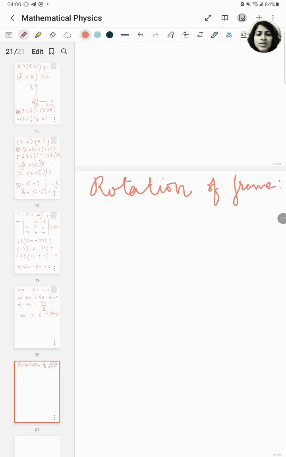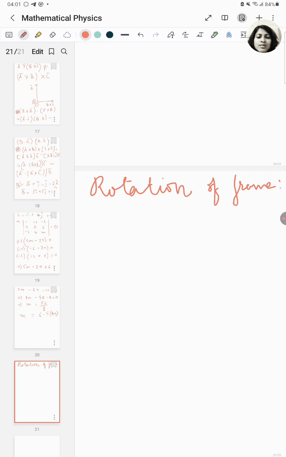Now we are going to start a new topic, that is rotation of frame. So in physics, whenever we describe a motion, we must first decide from where we are observing it. This from where is called the frame of reference.